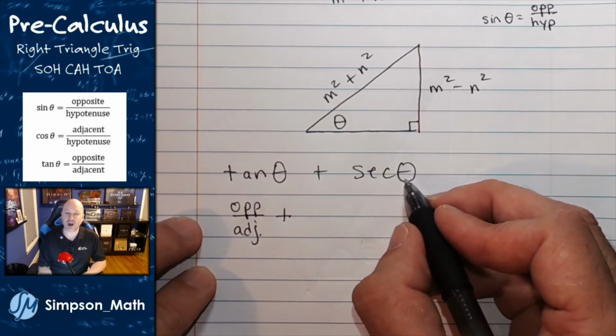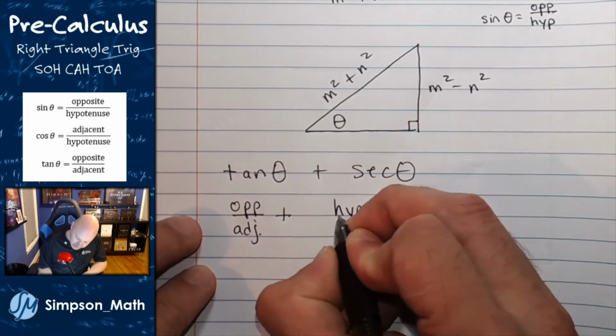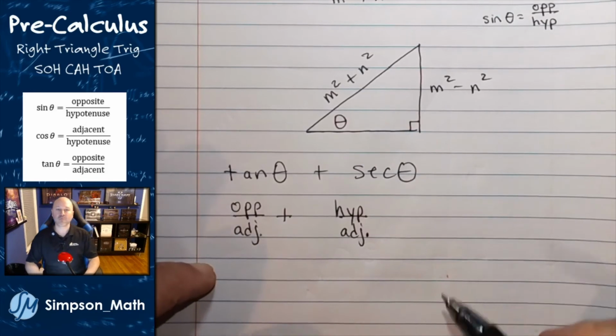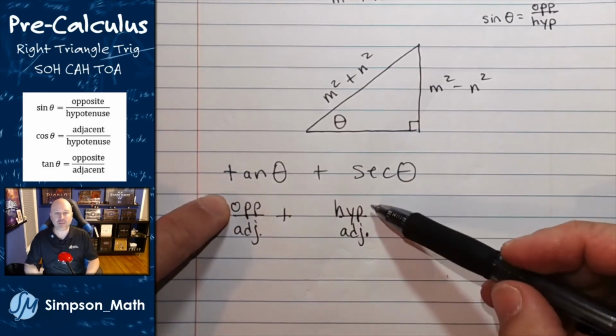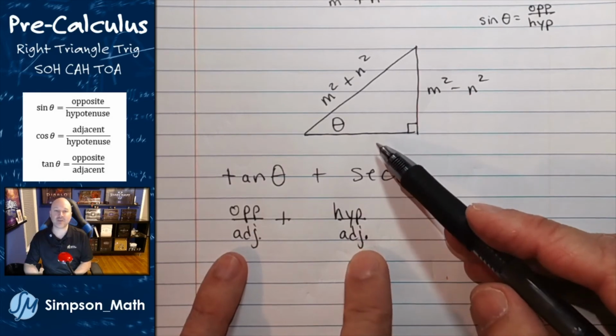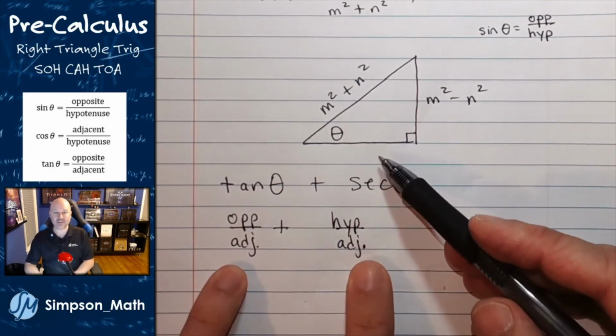Cosine is the CAH, adjacent over hypotenuse. So this must be the hypotenuse over adjacent. I know the opposite, I know the hypotenuse, but both of these have a denominator that's the adjacent side length. So it does look like I'm going to have to go off and find that adjacent.